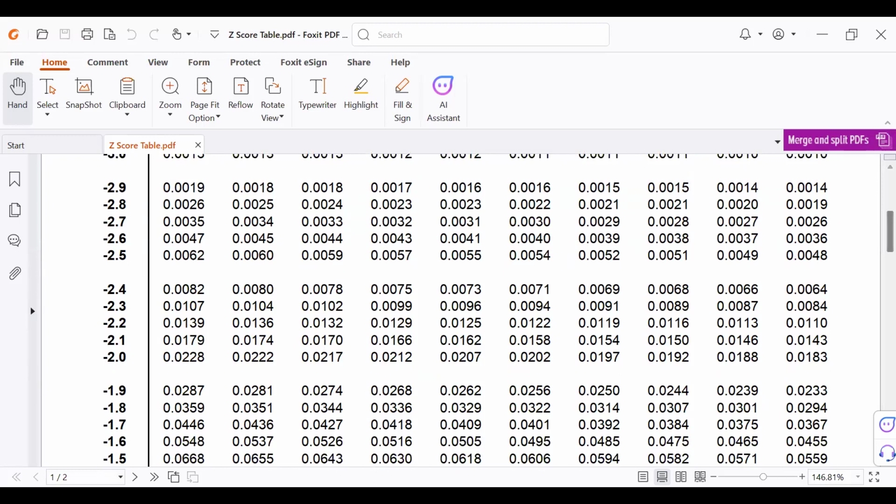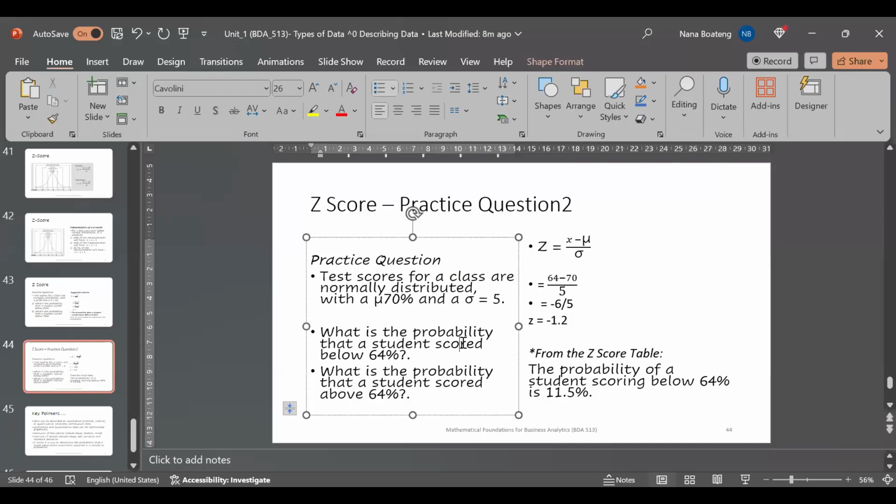So let's take another example. Let's work for a situation whereby, what is the probability that somebody will get below 43%? Let's work it and see. Below 43%. So work it, and then whatever figure you get, we'll go and put it in the Z-score table.